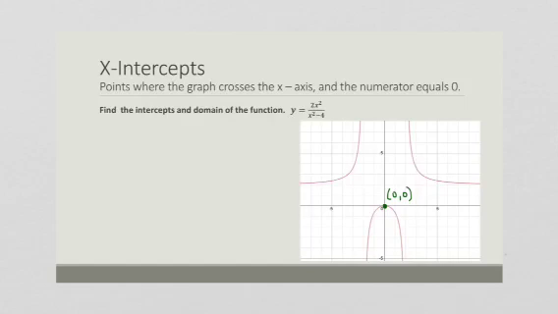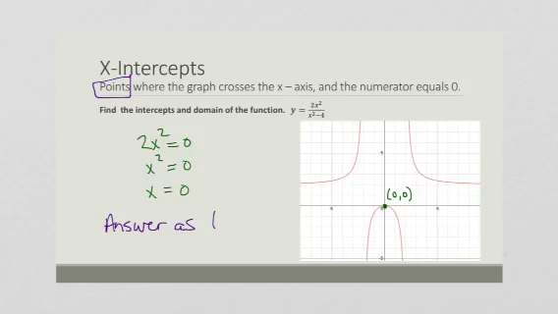So I can also take my numerator, 2x squared, and set it equal to 0. Here I get x squared equals 0, so I found out that x equals 0. And I get the same answer. My x-intercept is the point where the graph crosses the x-axis. Make sure you understand, since it's a point, I need to write my answer as 0, 0.